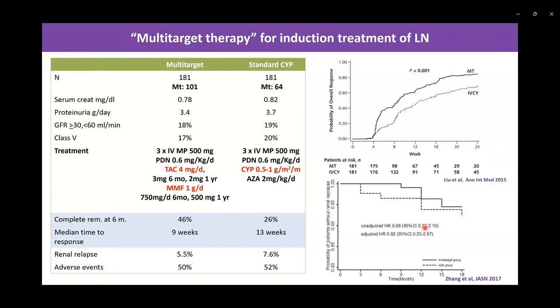However, in the extension phase of this trial, at 18 months, there was no benefit of multi-target therapy in reducing kidney flares. And also, there was a higher risk of infections. That is definitely a concern when we use a combination of TAC, MMF, and prednisolone.